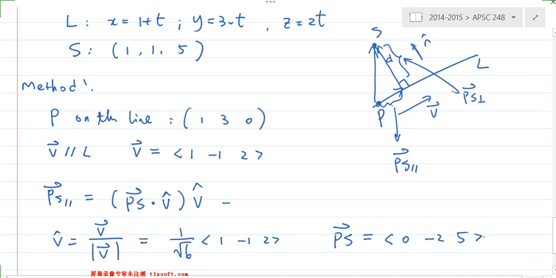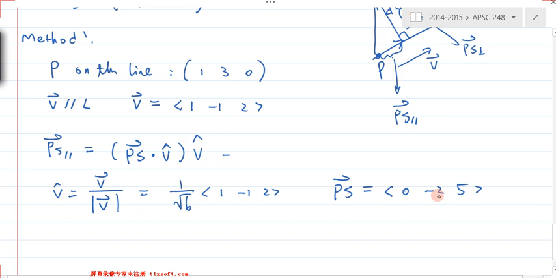Now the rest of this is pretty simple. Just substitute into this formula here. You do the rest of the calculation: a scalar value times unit vector V. So quick exercise, you'll find out that this is actually equal to 2, negative 2, 4.